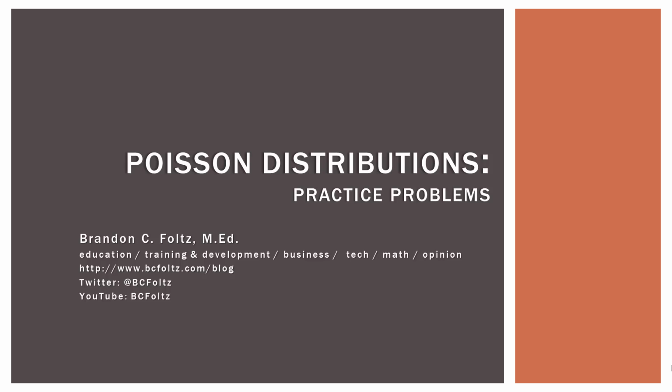We're going to apply the Poisson distribution to two practice problems, one involving a bank and the other one involving deer that get run over on the road. So that sounds exciting, right? So, thinking about those two examples and making sure you have the basics of the Poisson distribution under your belt, let's go ahead and dive right in.